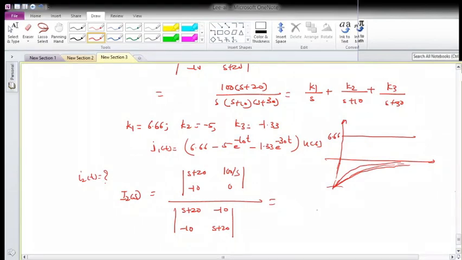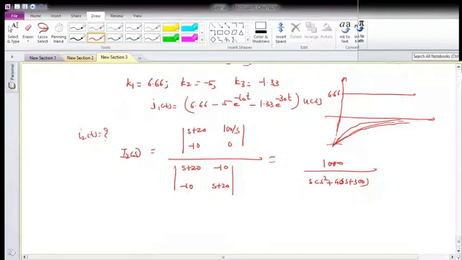If you solve, it will be 1000 over s into (s² + 40s + 300). Again the roots we already know.